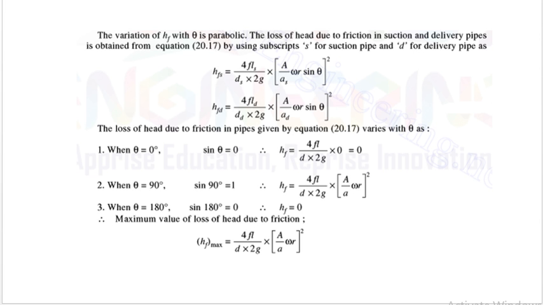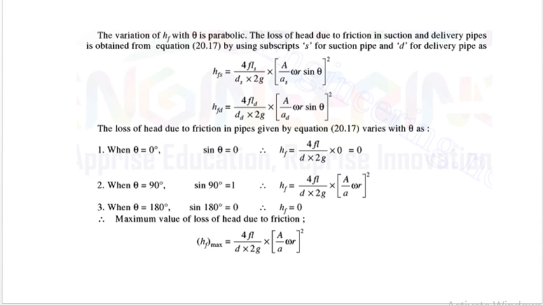When theta is equal to 90 degree, it means piston is at the center of the cylinder. At center, velocity of piston is maximum. When piston velocity is maximum, it will create friction.